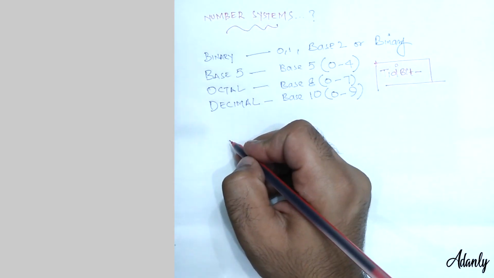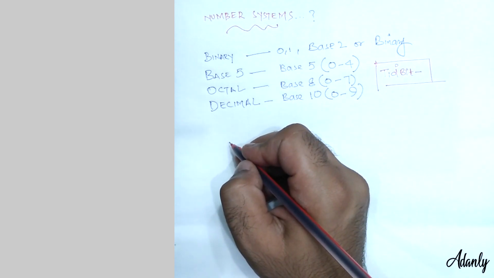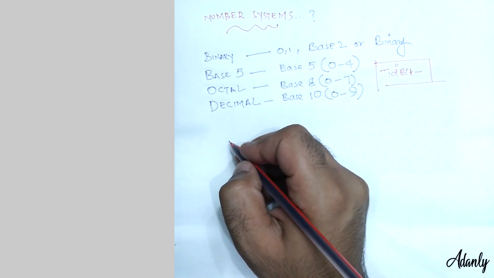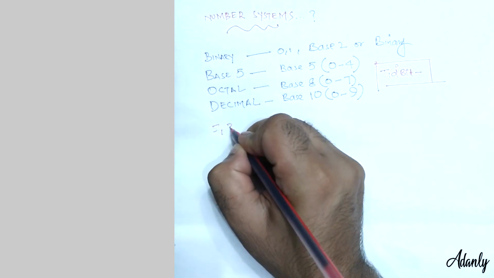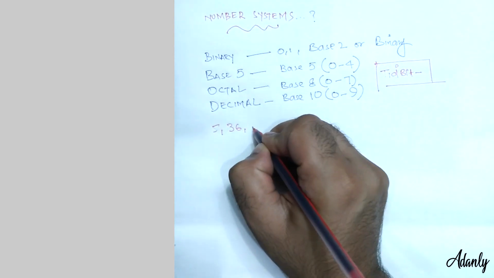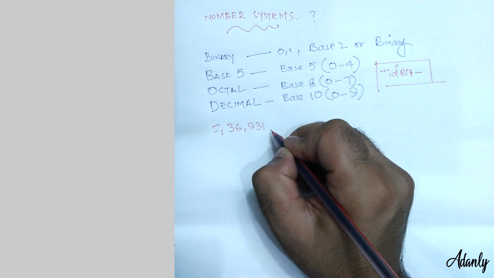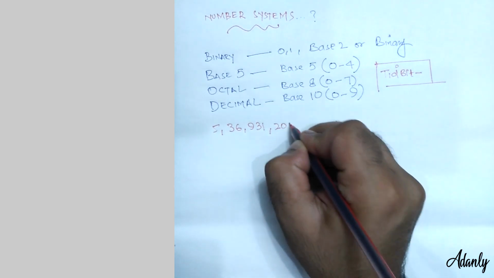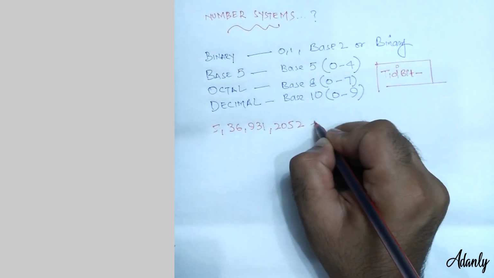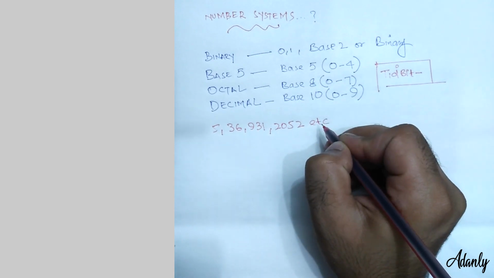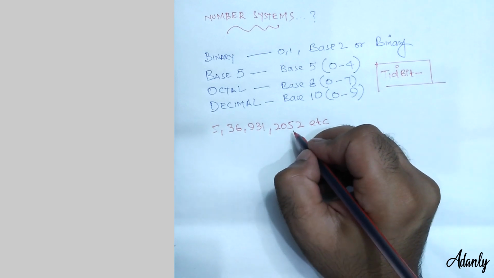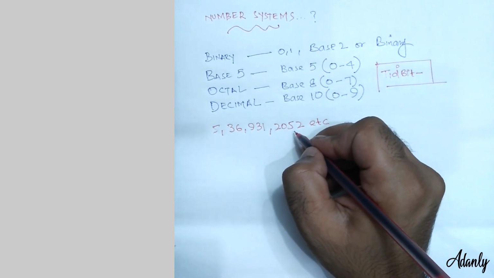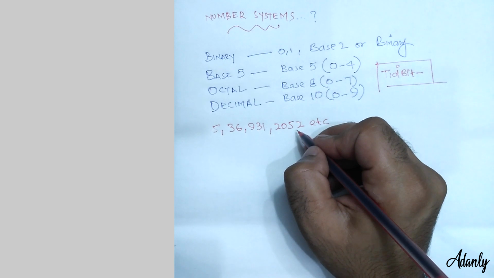Now that you have learned about the different number systems, let's see how they actually look. For example, we have 5, 36, 931, and 2522, etc. All these numbers are formed with the help of the digits 0, 1, 2, 3, 4, 5, 6, 7, 8, and 9.